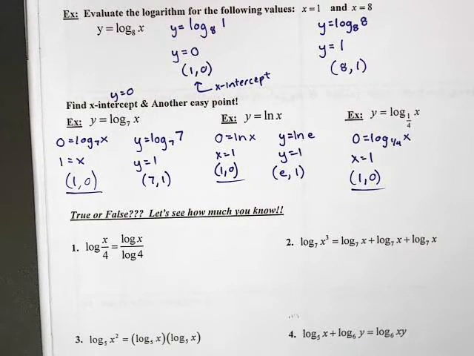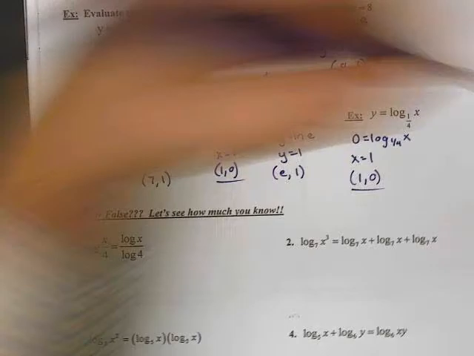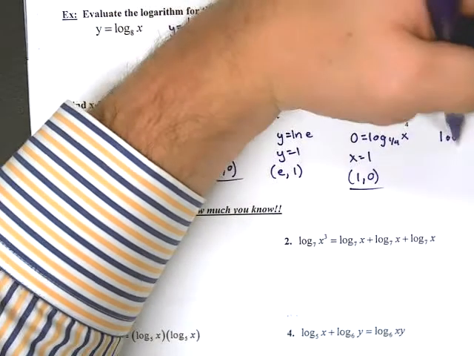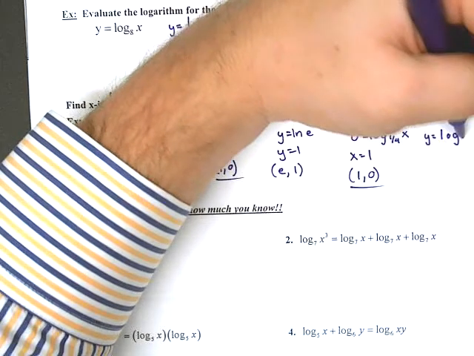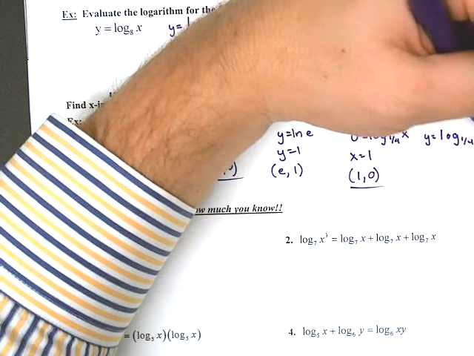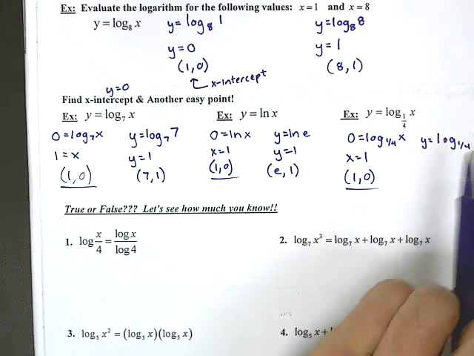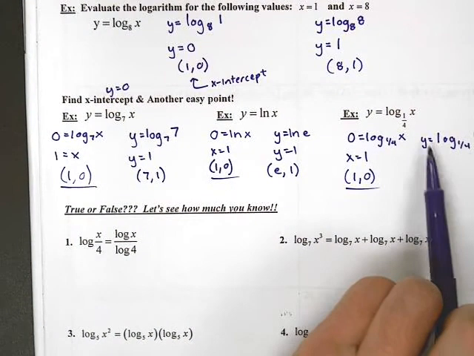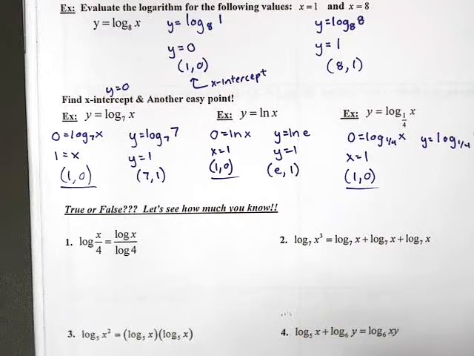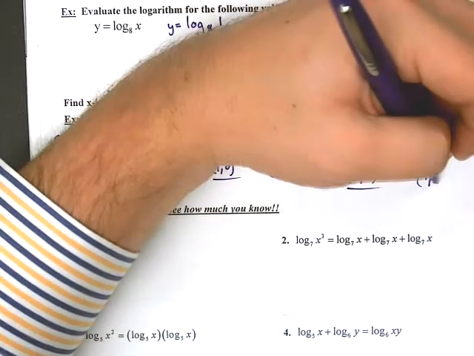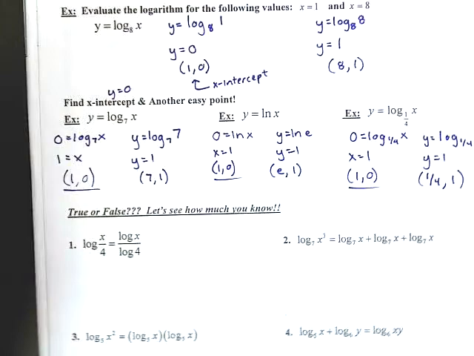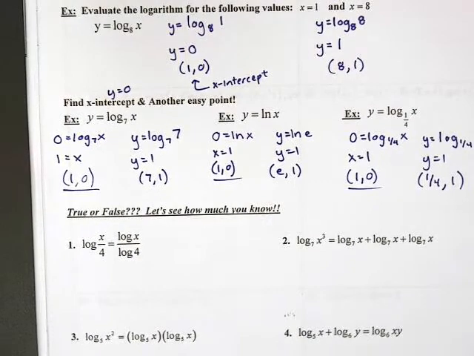And lastly, remember, we like to have our last nice point be when the base and the argument are the same. Because now I ask you, what power do I need to raise 1/4 to, to get 1/4? And the answer, of course, is 1, which means I have my last nice point at (1/4, 1).